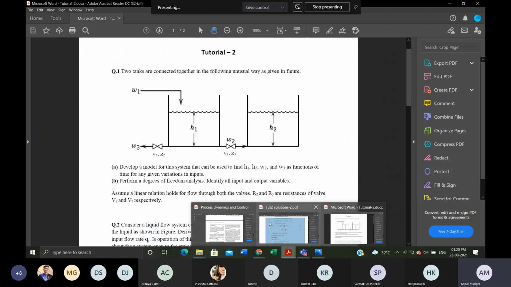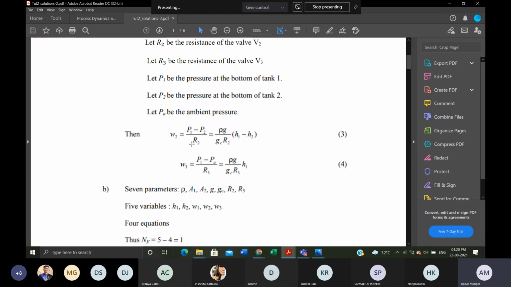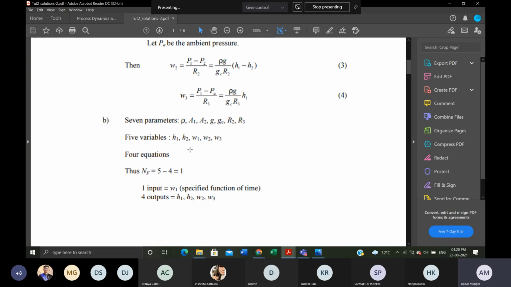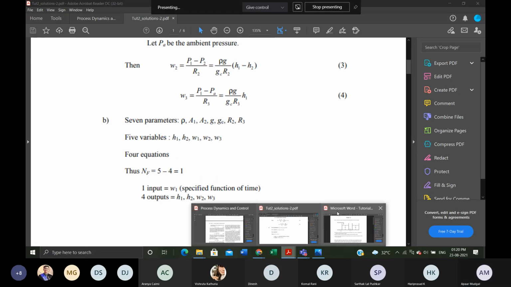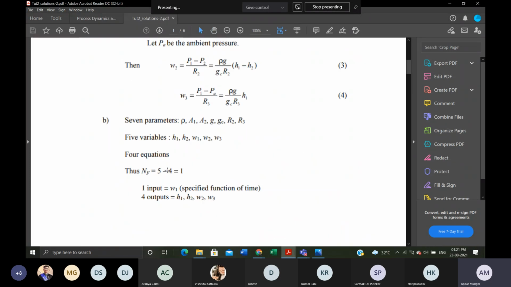So we have five variables and four equations. The degrees of freedom would be five minus four, so we get one.